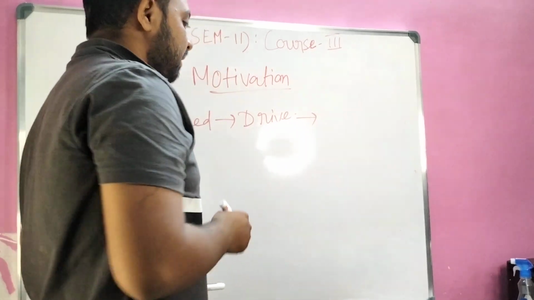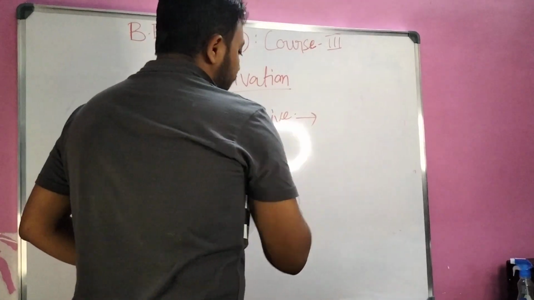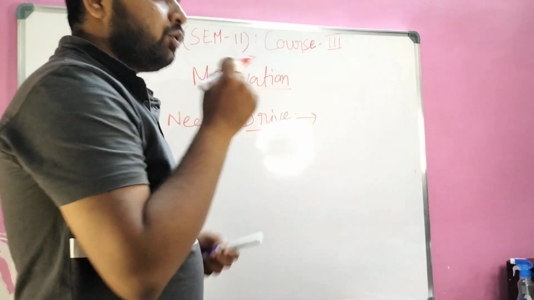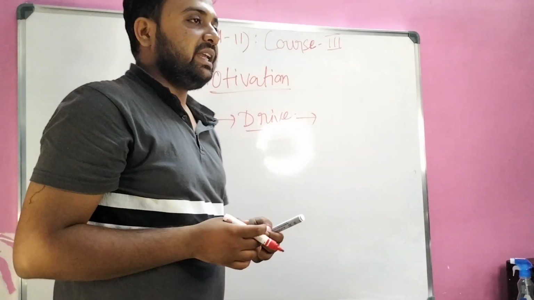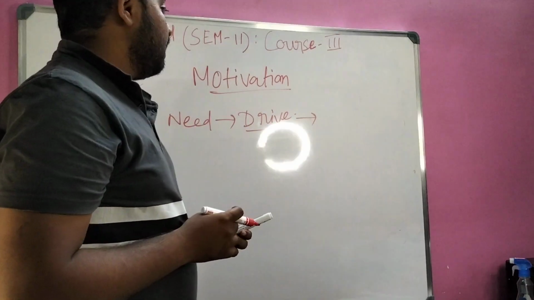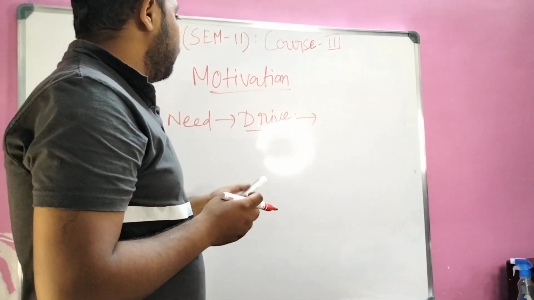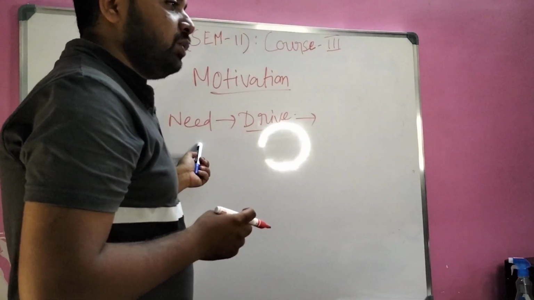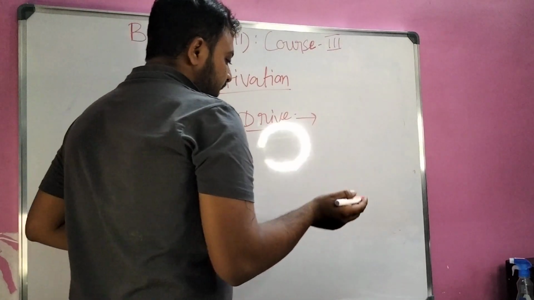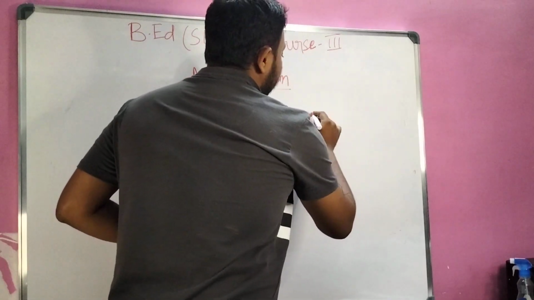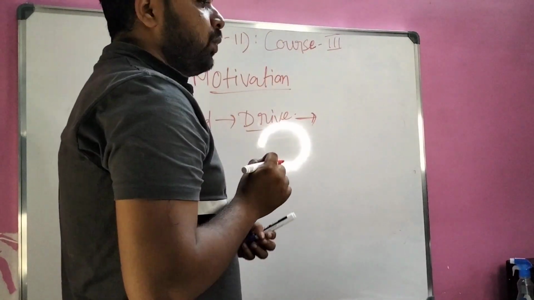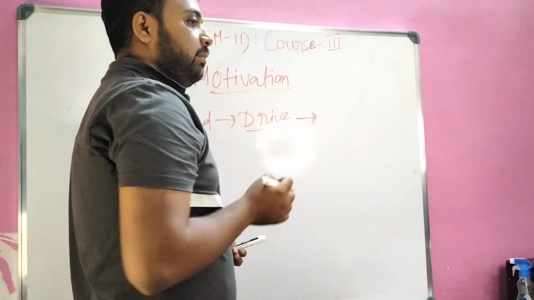Okay. How to fulfill these needs? So we make different kinds of strategies or different ways to find out how to get those needs. Third, by finding those strategies, we show goal directed behavior.